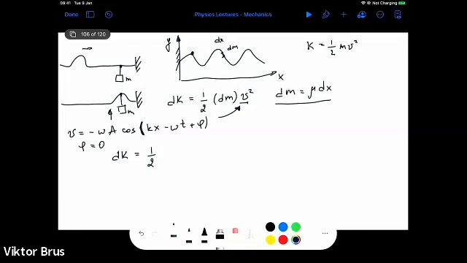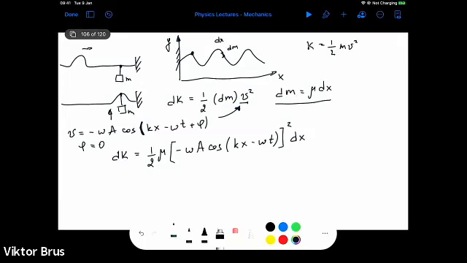So this dx we will put at the end of the expression. And here we will write mu times (minus omega a cosine of (kx minus omega t)), and this is squared. And here at the end, dx.